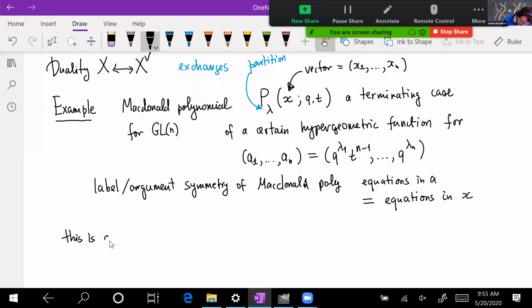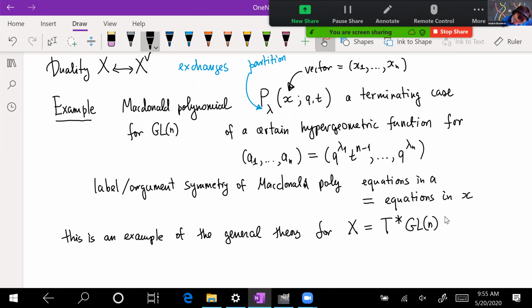And so this is an example of the general theorem for X being the cotangent bundle of GLN mod its parallel. So in general, in Macdonald polynomials, the difference equations come from the Cherednik algebra, and the Cherednik algebra has a symmetry.